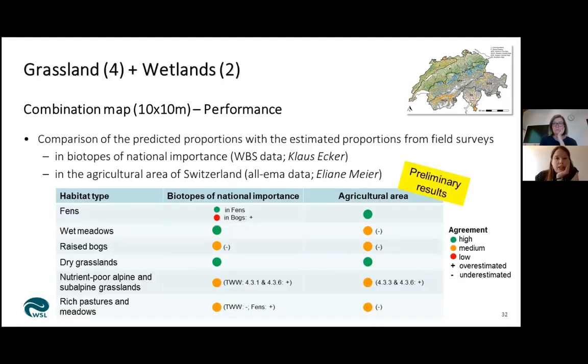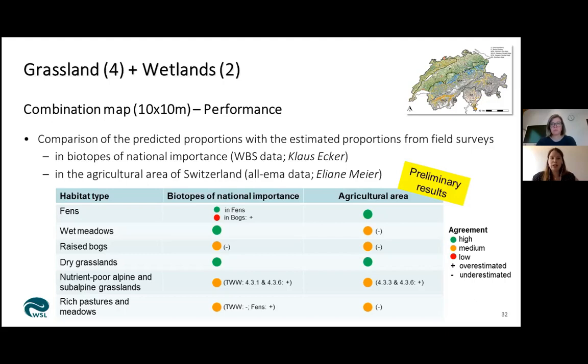And in addition, we also did a comparison of the predicted proportions of all the habitat types with estimated proportions from field surveys, once in biotopes of national importance, this is based on the VBS data, and on the other hand in agricultural area of Switzerland, this is from estimations of the ALIMA data sets. These results are still preliminary. We have high to medium agreement.